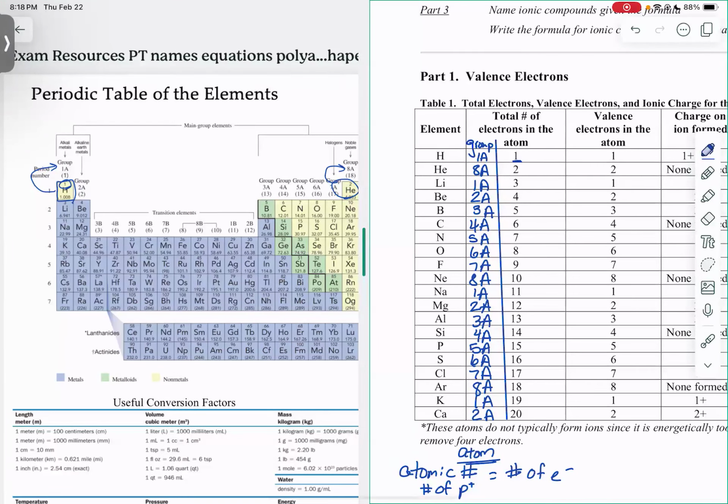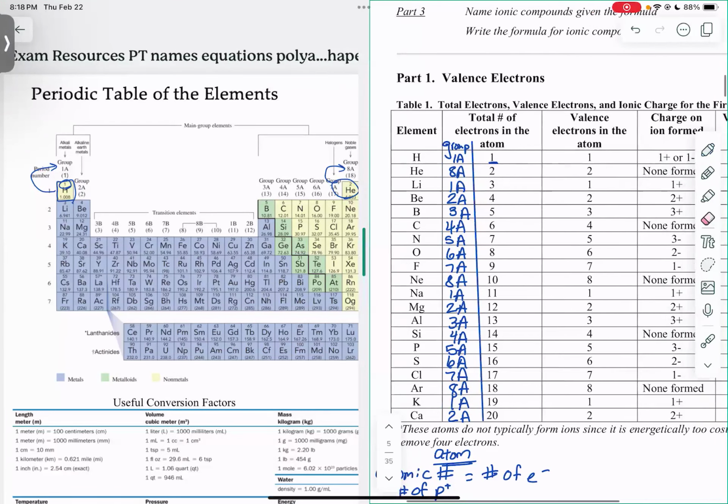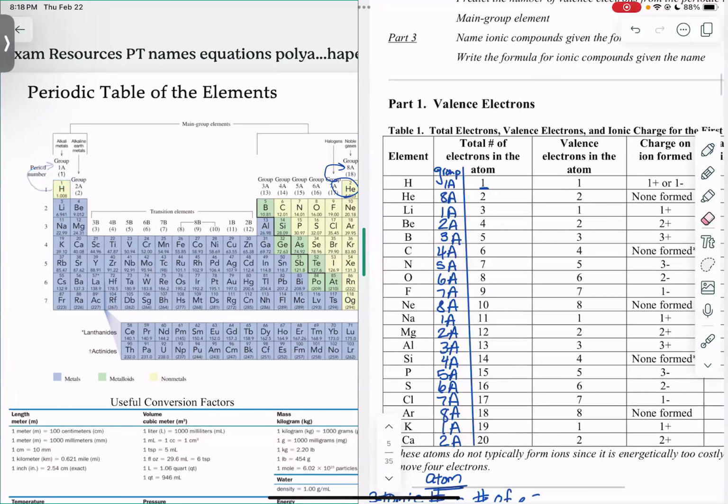When we look at that, not only does hydrogen have 1 valence electron, but anything in this column here in group 1A has 1 valence electron.